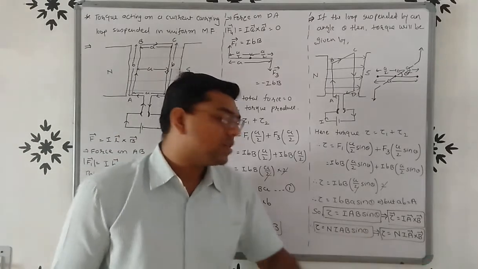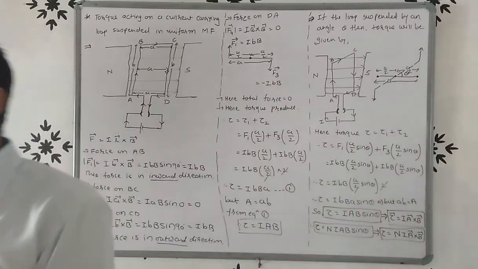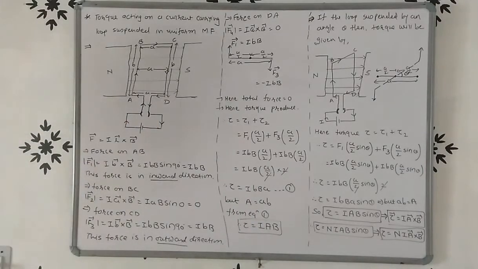So if there are n number of turns, then torque will be given by NIAB sin theta, or we can say N I vector A cross vector B.